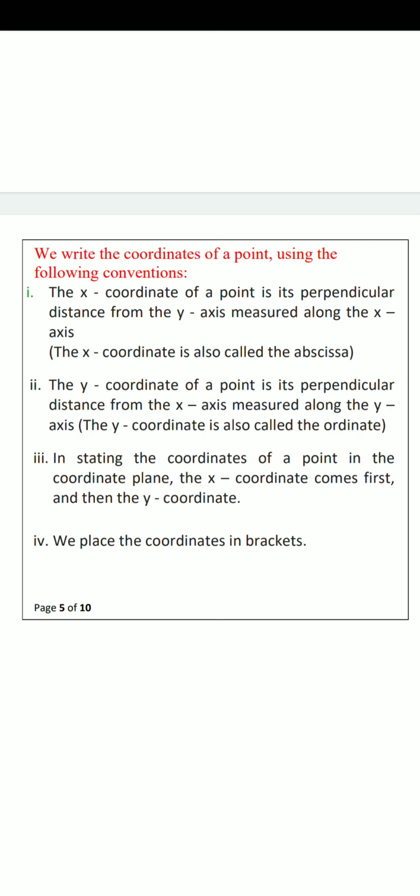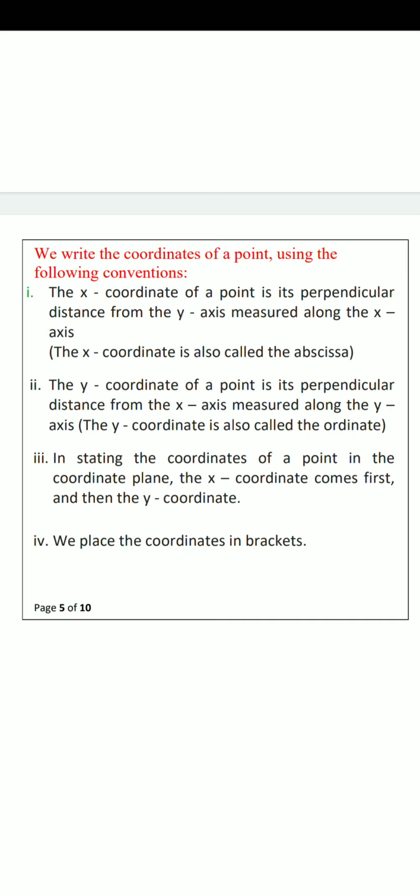It can be in the positive direction from the origin or it can be in the negative direction. And the x coordinate is also called the abscissa. This is the name you have to remember. X coordinate is what? The distance measured along the x-axis from the y-axis.